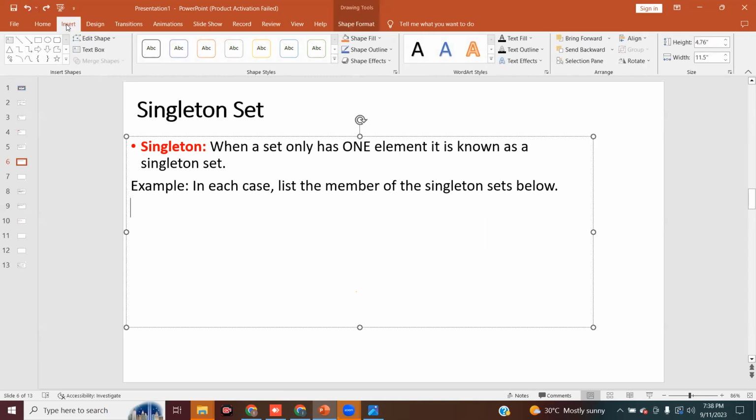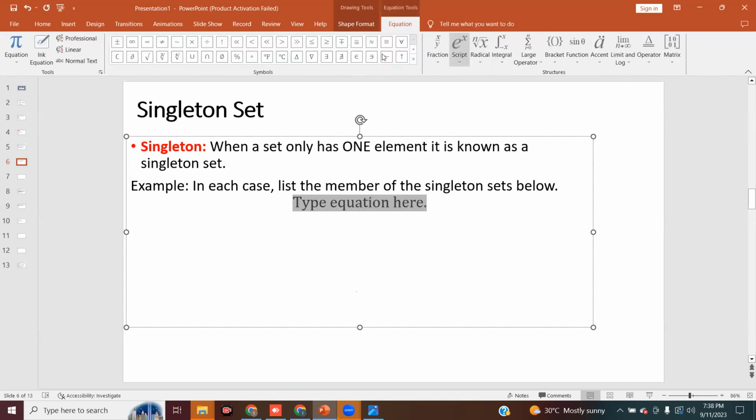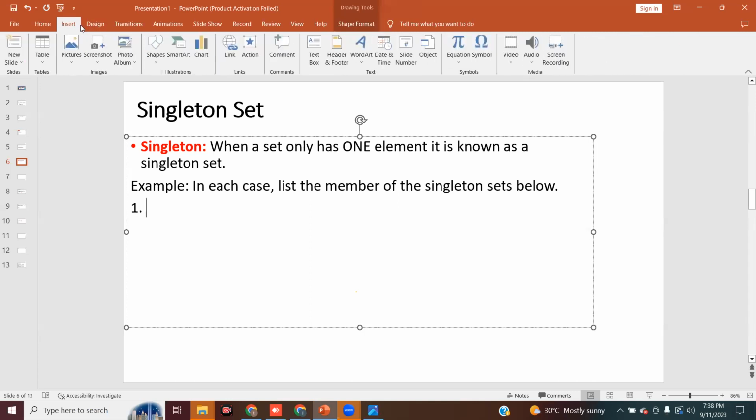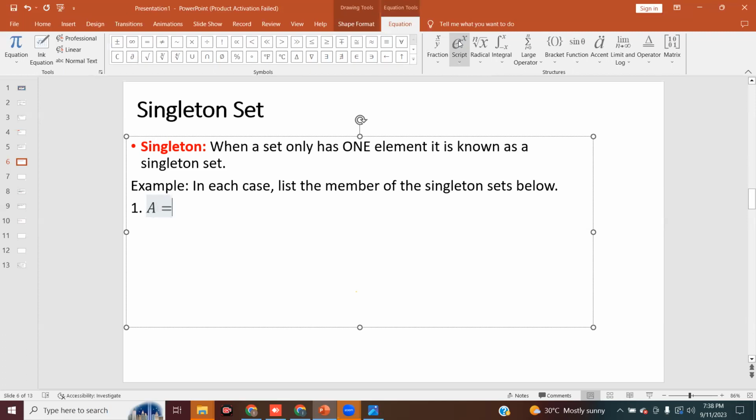So let's say we have set A. Before I put set A, let me just put number 1. Let's say set A is the whole number between 12 and 14.